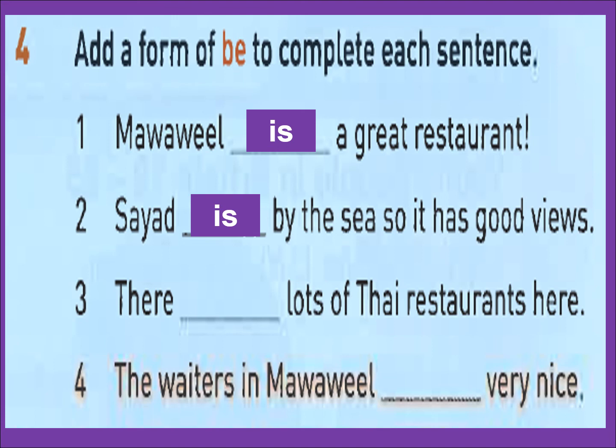Sayad, singular, we use is. There are lots of Thai restaurants here. Lots of Thai restaurants, plural. We must use are. And number 4, the waiters in Mawawil are very nice. Waiters is plural, so we use are. Now practice saying those sentences.